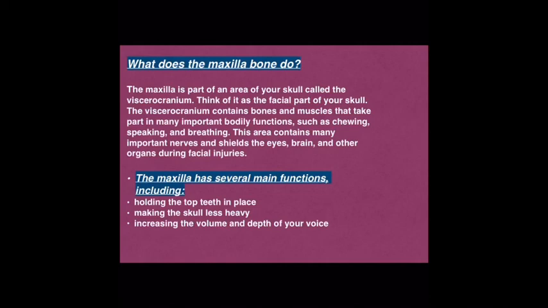Think of it as the facial part of your skull، جزء من وجه الجمجمة. The viscerocranium contains bones and muscles that take part in many important bodily functions. لها العديد من الوظائف مثل chewing وspeaking and breathing، المضغ والتحدث والتنفس.